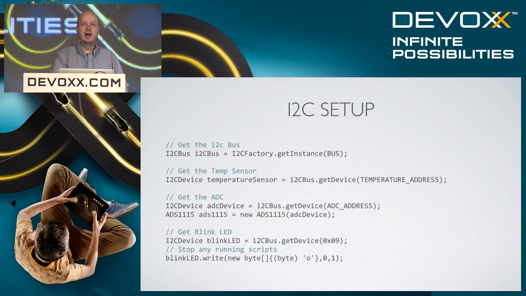And you may have address collisions. Most of the devices have an address pin that you can connect up to either plus volts, minus volts, or even some other pins, and that will let you choose what address. So if you want to have two of the same temperature sensors connected to the I2C bus, you can do that by changing the address of one of them.